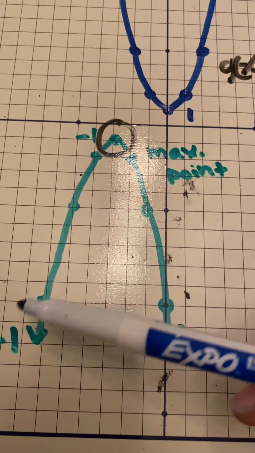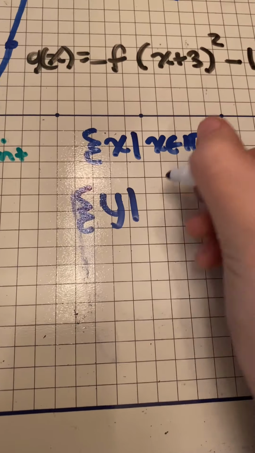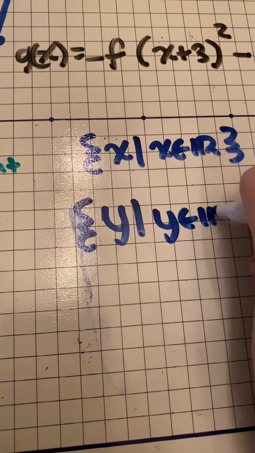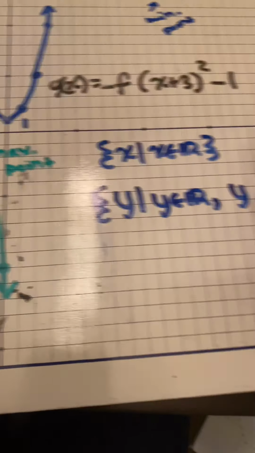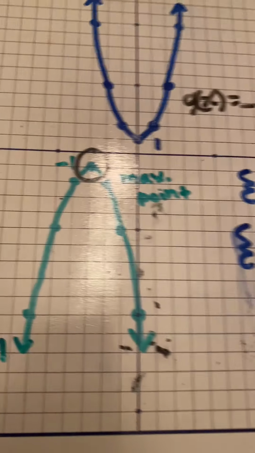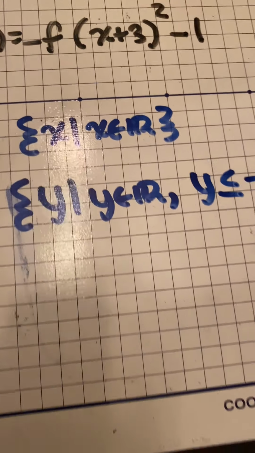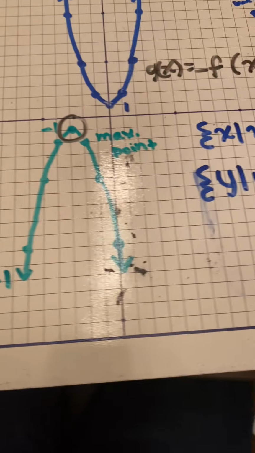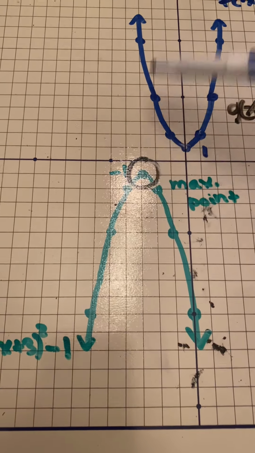For example, here, this point. So it would be y is an element of the real numbers when y is less than or equal to your maximum point, which is -1. And this is because, like I said before, this is your maximum point. It won't get any further up than this.